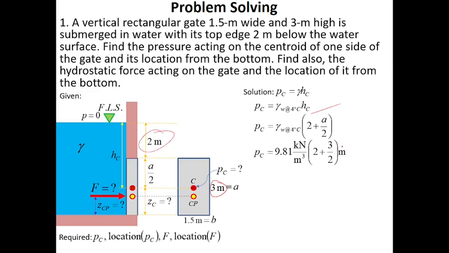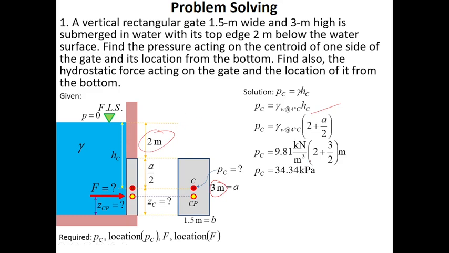So we have P sub C, the pressure at the centroid, equal to 34.34 kilopascal.